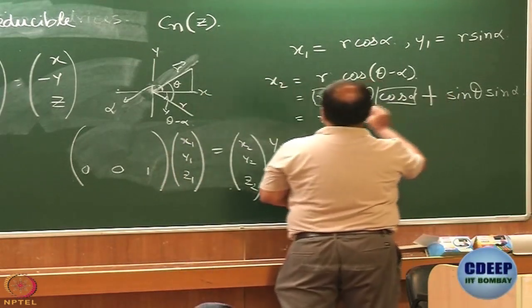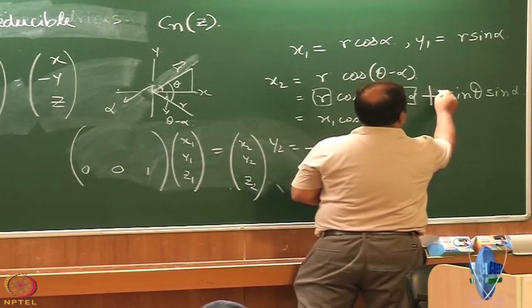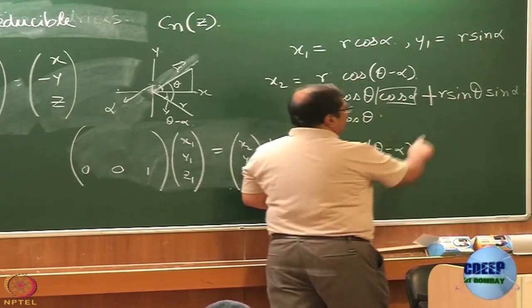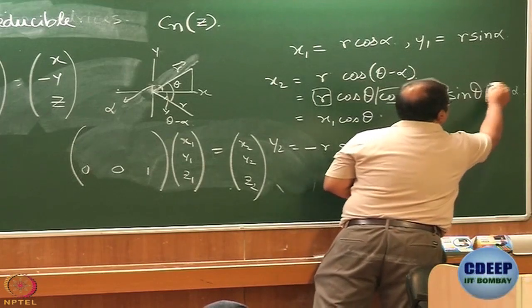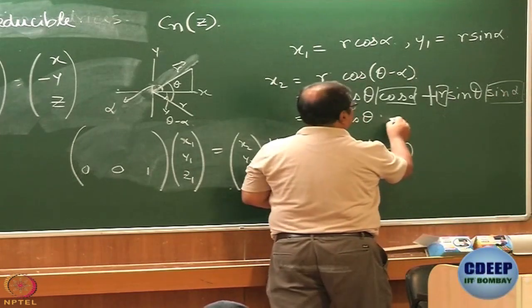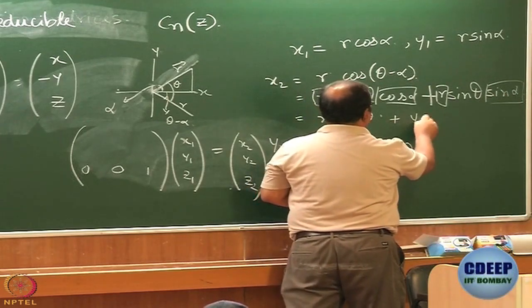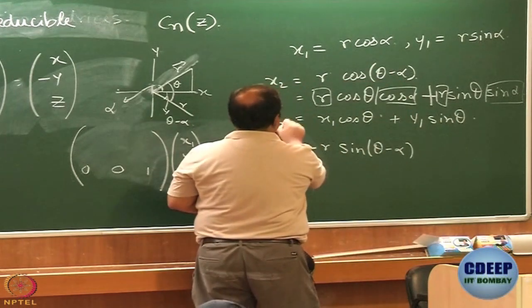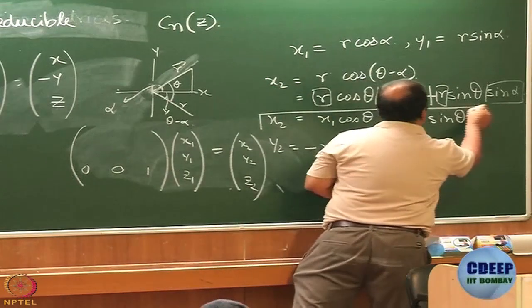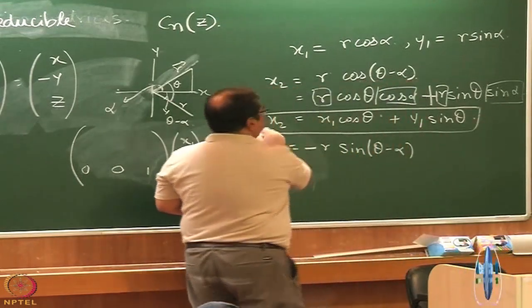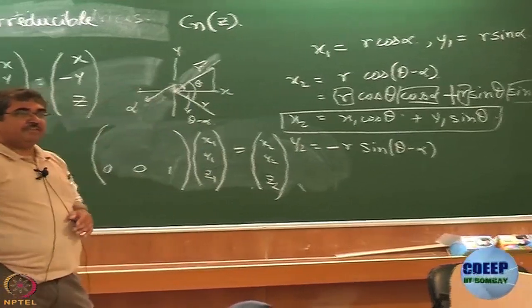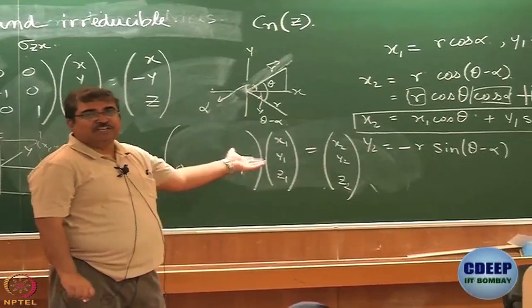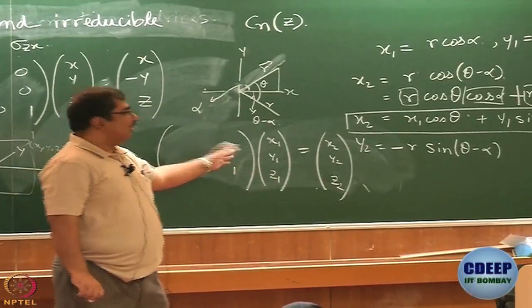Who is going to write r here? What is r sin alpha? Yeah, y1 sin theta. So, I have my first equation, x2 is equal to x1 cos theta plus y1 sin theta. Second equation actually, because we have already written z2 equal to z1.